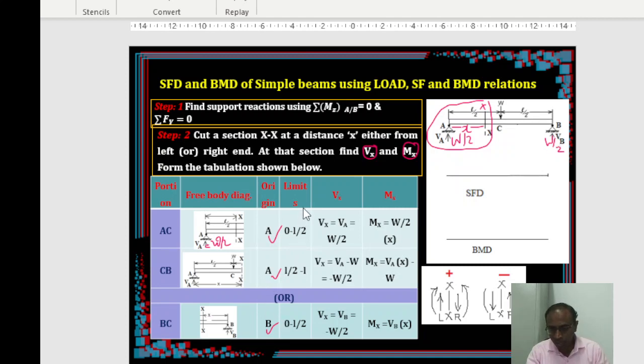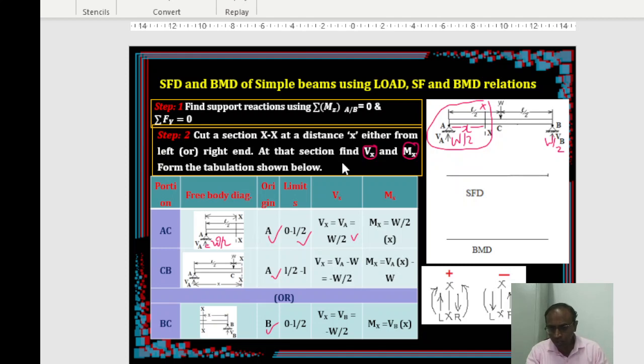So A you are going to take, and the limits of the AC portion are going to be 0 to L by 2. And the shear force at the location, say Vx, is going to be how much? There is only one vertical component, so W by 2. And why is it positive? Sign convention is also important here, we must follow it.